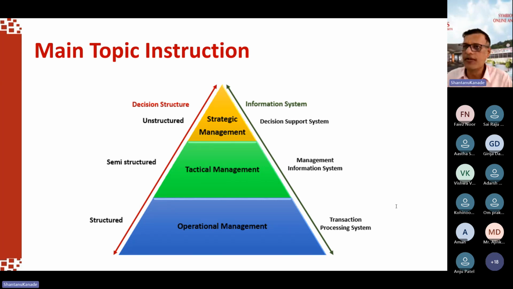Ledger is a small part. It won't be a big system. HRM is there. Accounts and finance will be there. Marketing will be there. Production planning, materials management will be there. Research and development will be there.